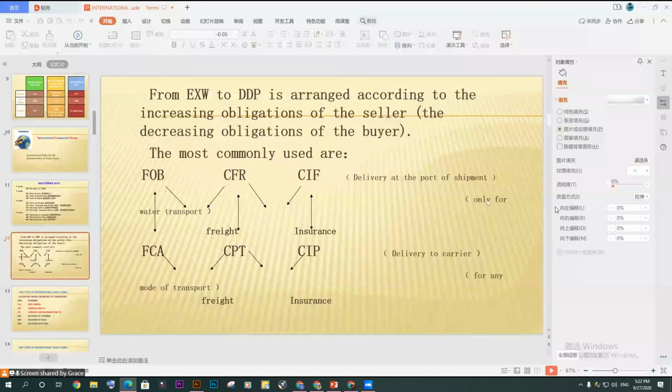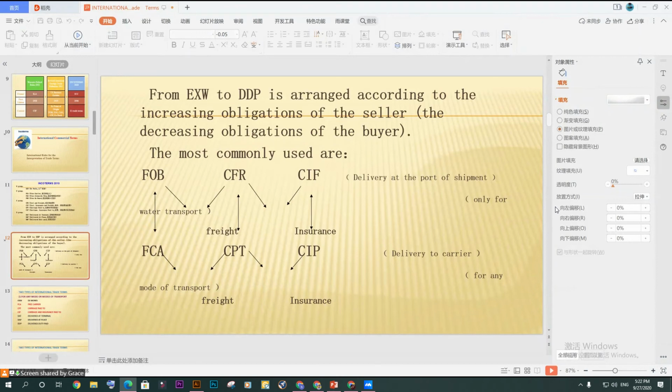Okay, let's find something more about FOB. Because we have just said different trade terms mean different risks, different obligations, and different costs between sellers and buyers.